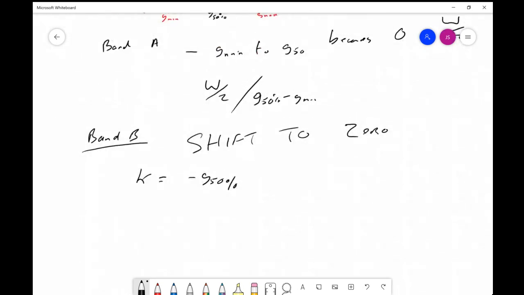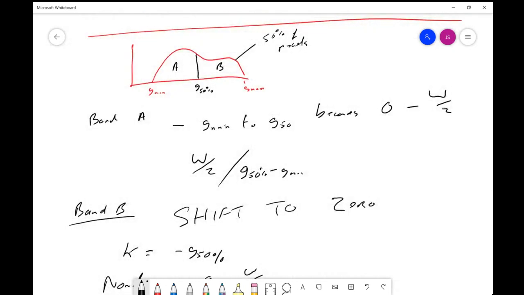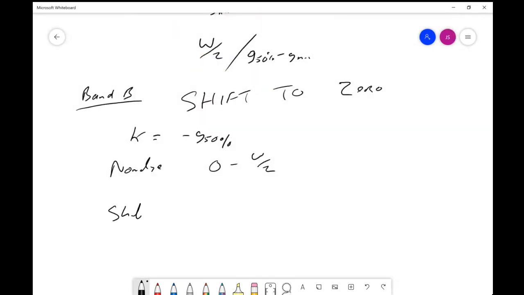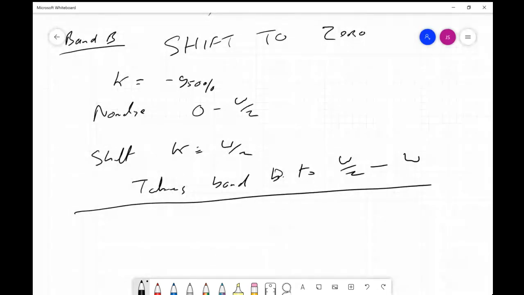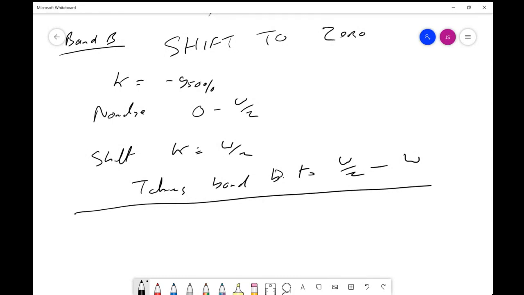So you shift to 0, you then normalize between 0 and W over 2. So we've now got band B sitting at the bottom, and then you do a shift where K will be equal to W over 2, and that takes band B to W over 2 to W. And that will give you an equalized image. Both bands will contain the same range of intensities, and that will give you the best quality image.